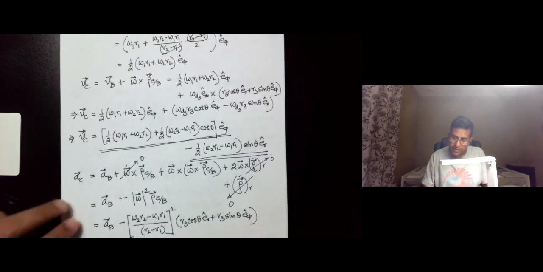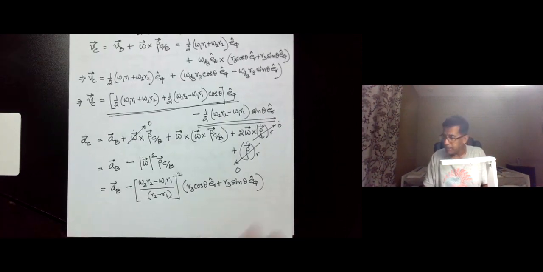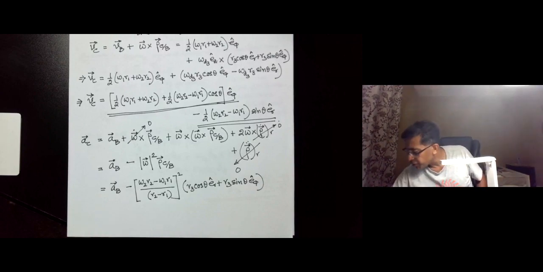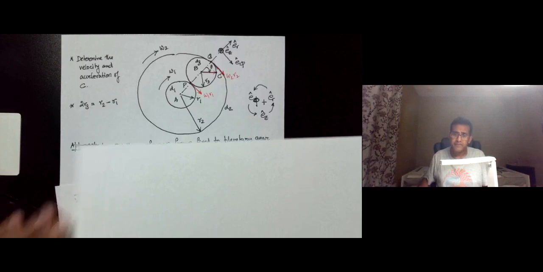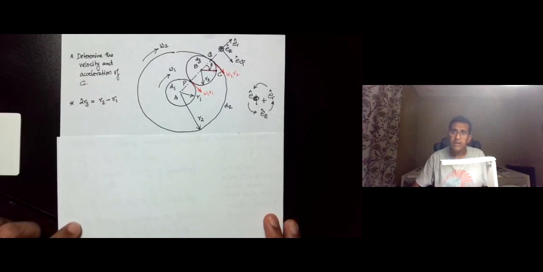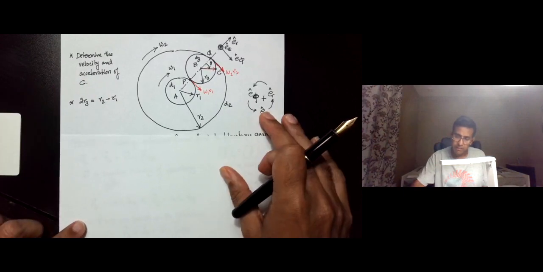Alright, now the next step is going to be to find AB, the acceleration of the point B. Now let's consider the figure and try to understand how the point B is moving. This is a step where quick observations can help you reduce the volume of calculations.